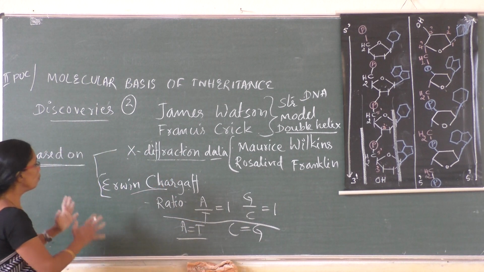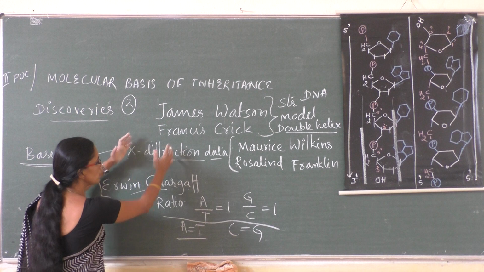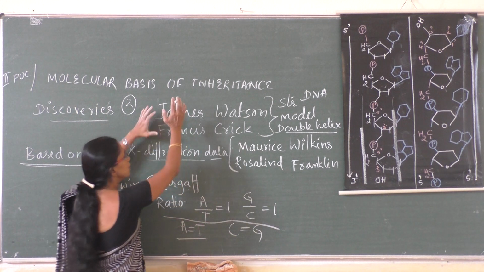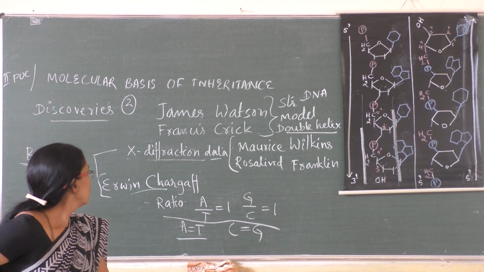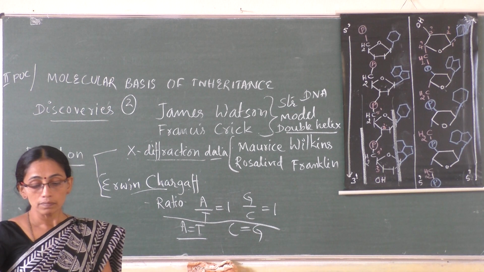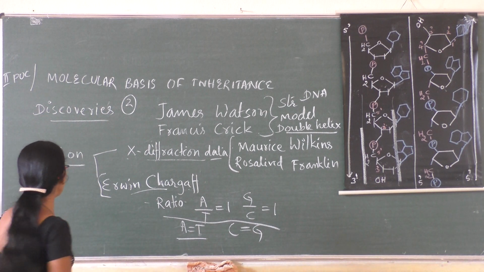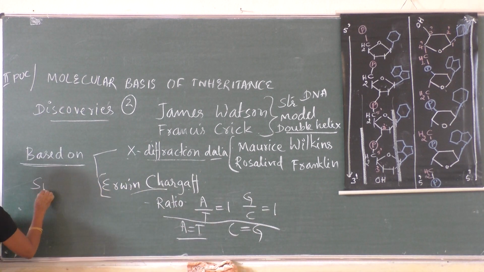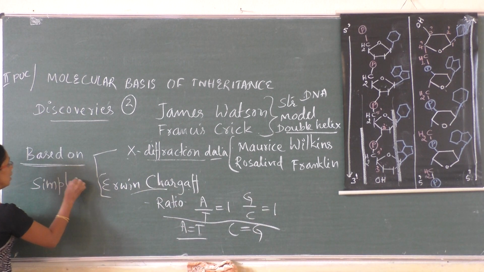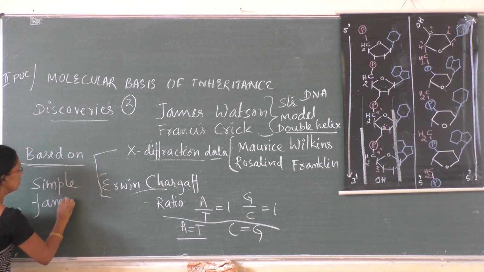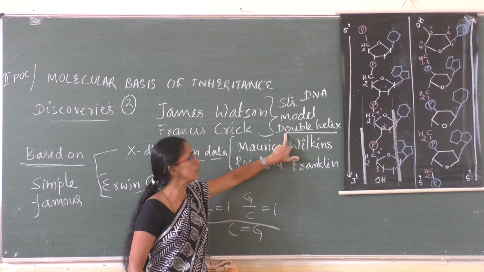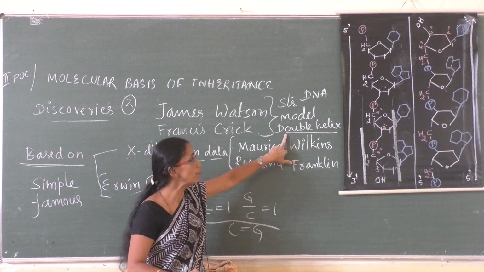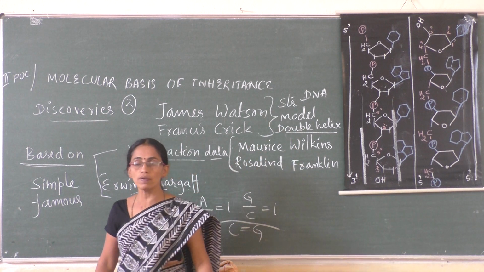So based on the information given by these scientists, James Watson and Francis Crick gave a simple and famous model of DNA, known as double helix, to explain the structure of DNA.